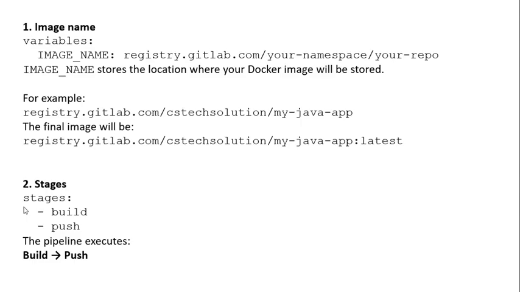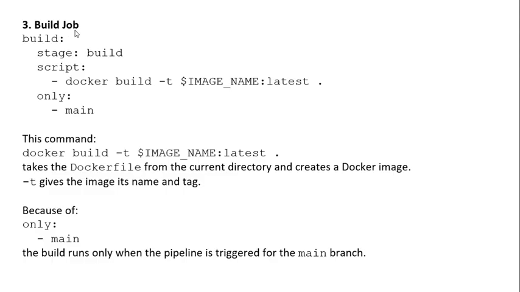Second is the stages: inside, two stages, - build and - push, so the pipeline executes build and after that moves to push. First, the build job: build: inside, stage: build, and script: inside, - docker build -t $IMAGE_NAME:latest . The dot is compulsory to write.